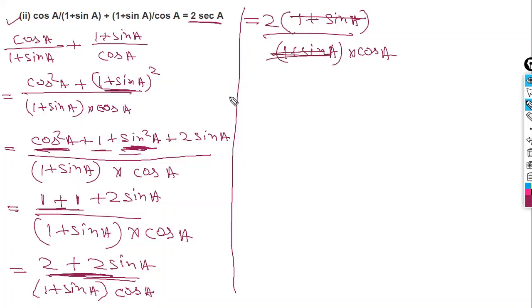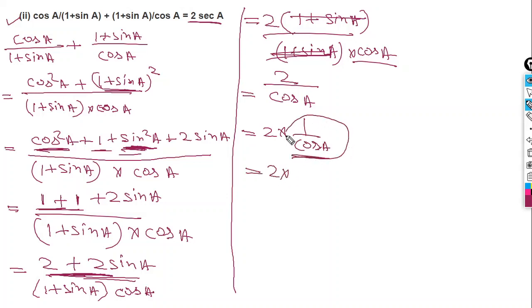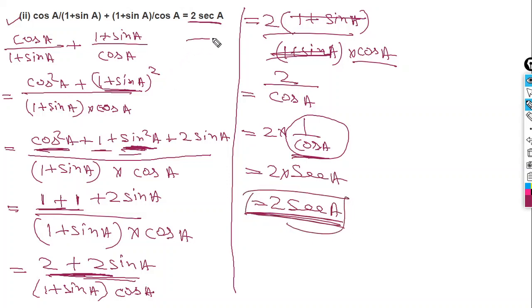Then what will remain is 2 in the numerator divided by cos A, which you can write as 2 into 1 by cos A. 1 by cos A is sec A, so you can write 2 sec A. So this is your answer, and we have proved it. Hence proved.